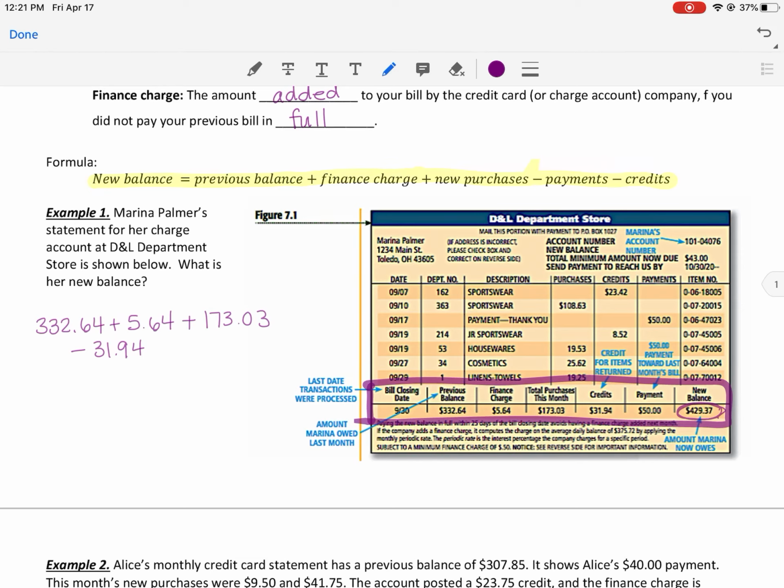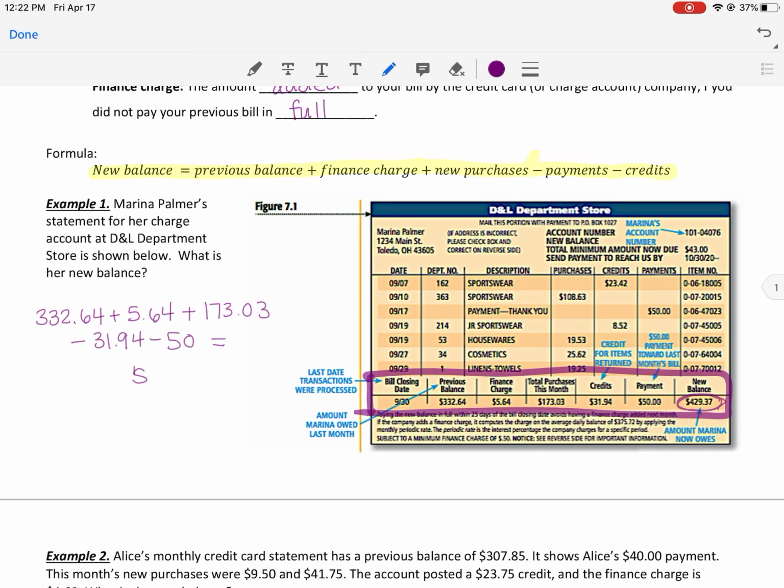Be careful, I know credit sounds like credit cards, but here they're talking about things you got back. Then minus her payment of $50. I'll give you a moment to type that all in your calculator, and we do end up with $429.37.